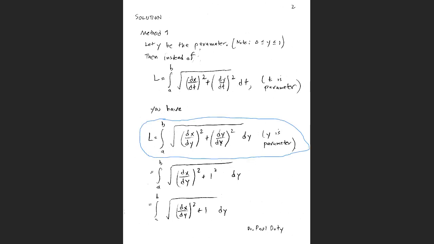You still have dx something squared, dy something squared. You still have that in the formula. But here, y is your parameter. So instead of dt in the bottom, you're going to have dy in the bottom. And instead of integrating with respect to t, you're integrating with respect to y, because y is the parameter.